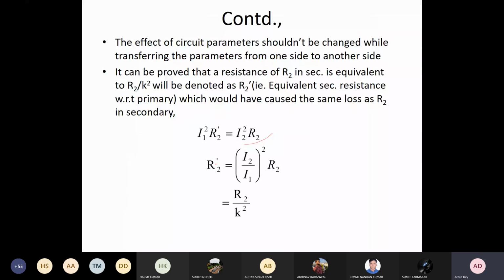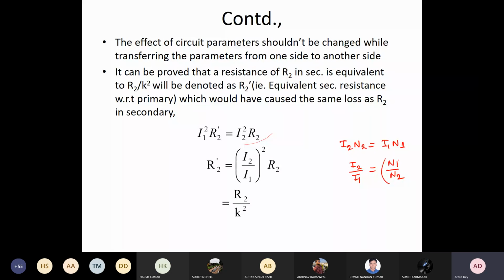So we can write R2 dash equal to I2 square by I1 square into R2. What is the relation between I2 and I1? I2 into N2 is equal to I1 into N1. So your I2 by I1 will be equal to N1 by N2.